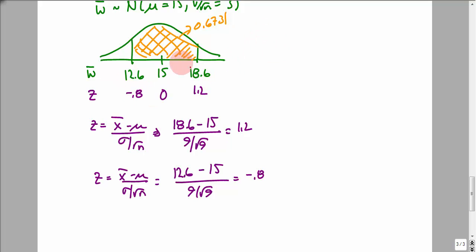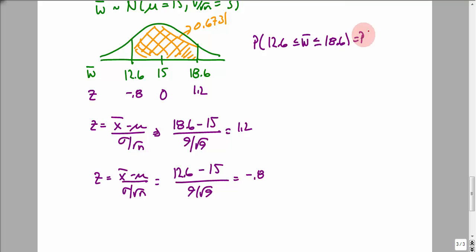Okay, so in order to find this area, I'm really looking for the probability that X bar is between 12.6 and 18.6.